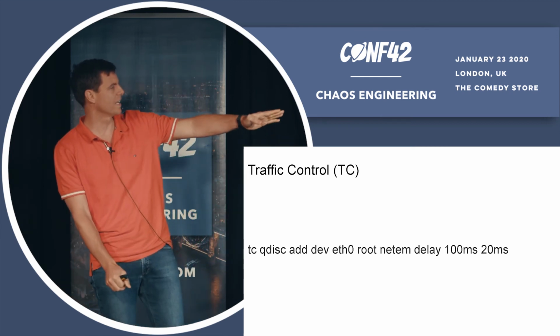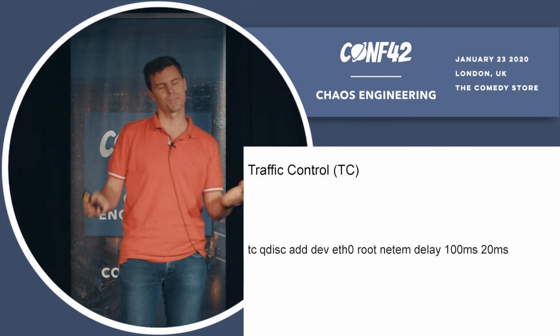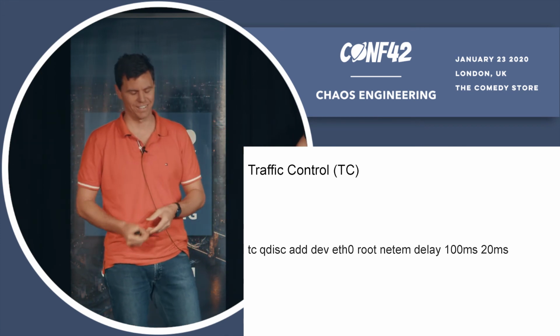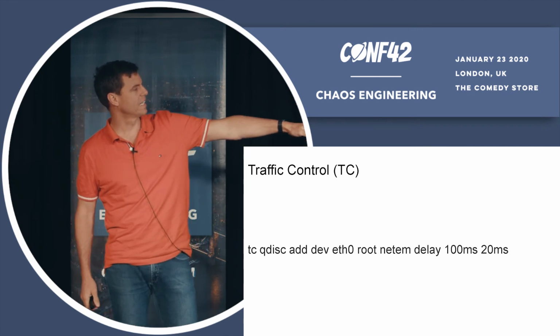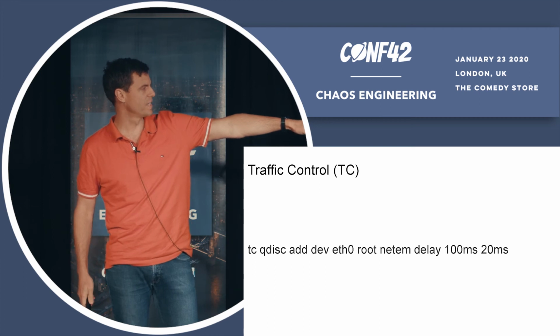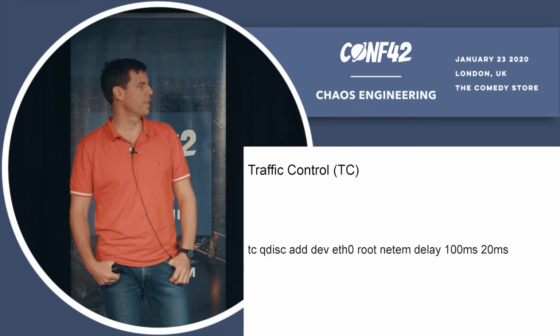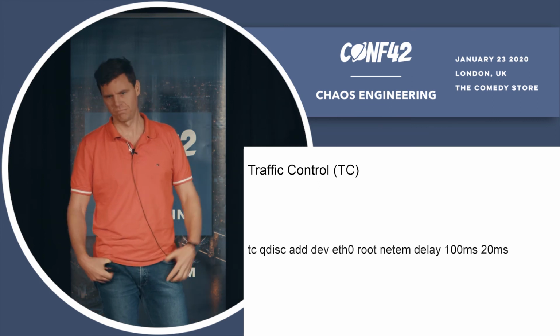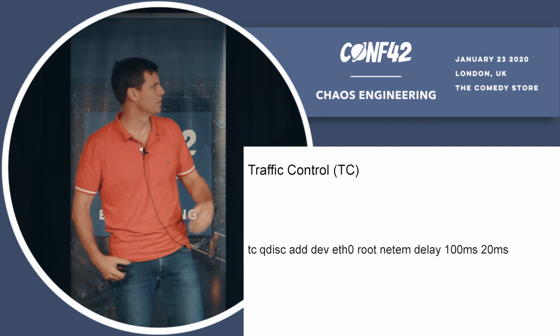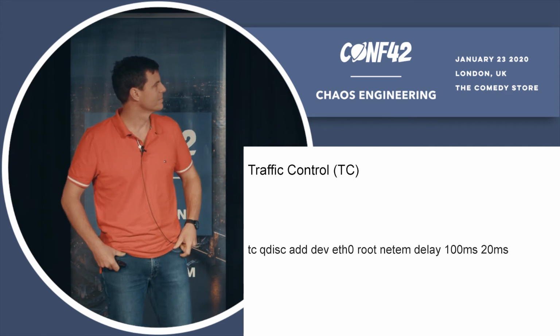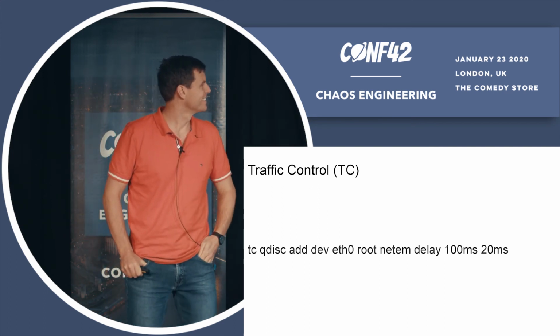We showed you the nice way to introduce latency with our application, but this is at an infrastructure level. This command here is going to introduce latency on the eth0 network interface.